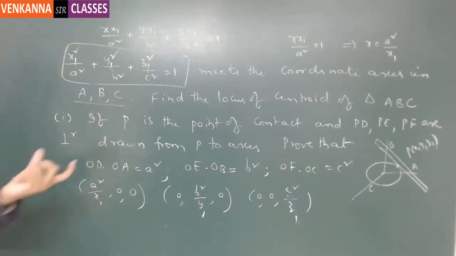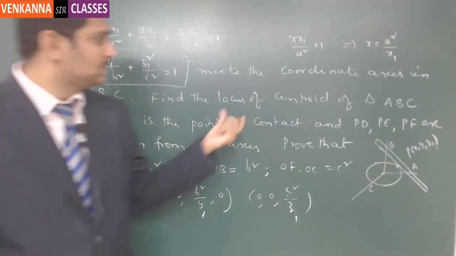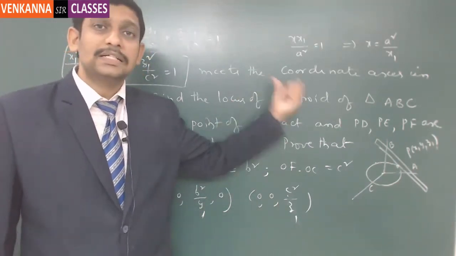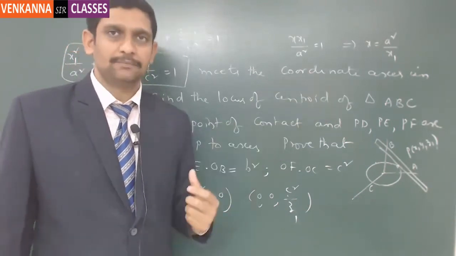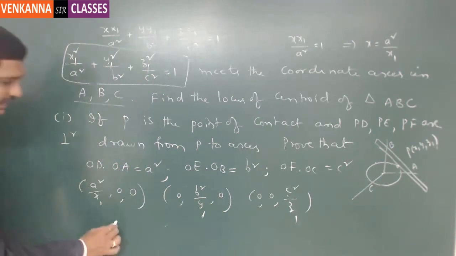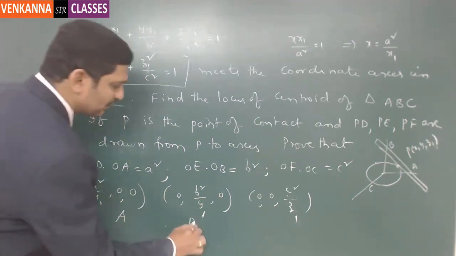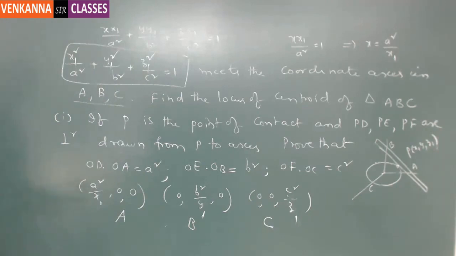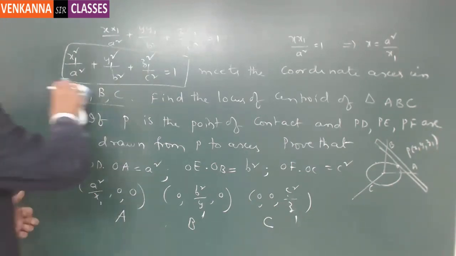Now, the actual thing we have to do is calculate the locus of the centroid of triangle ABC. You know the three vertices of the triangle. This is vertex A, this is vertex B, this is vertex C. Now let us take that alpha, beta, gamma is the centroid.